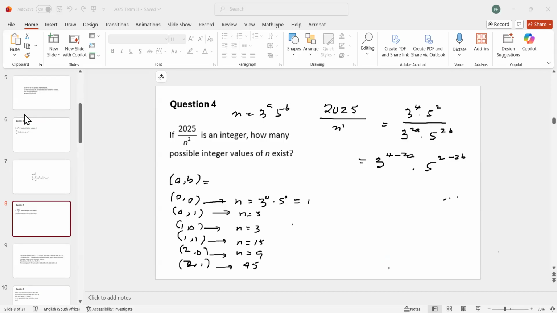I'm allowed to put negatives, you see. So that's why I just want to go into n squared. N squared is 1 or 25 or 9 or 15 times 15 is 225. 9 times 9 is 81. 45 times 45.